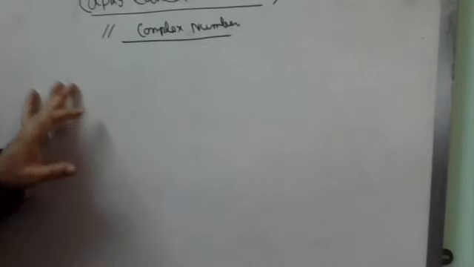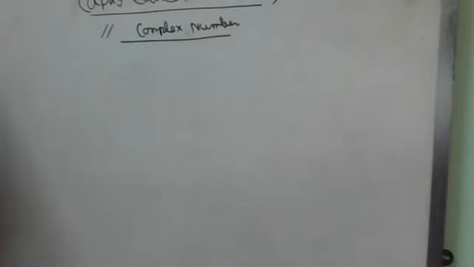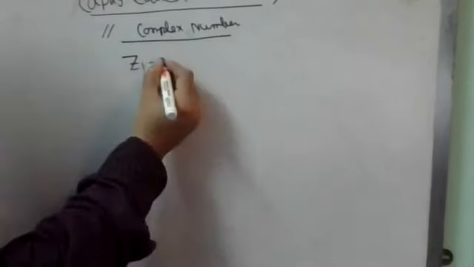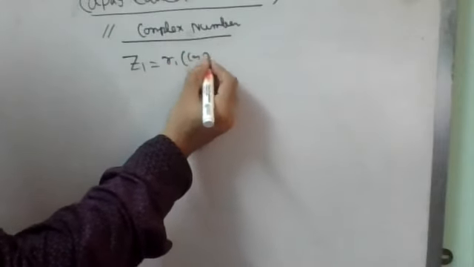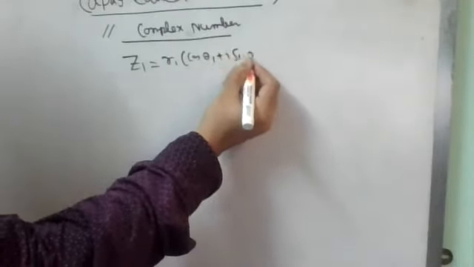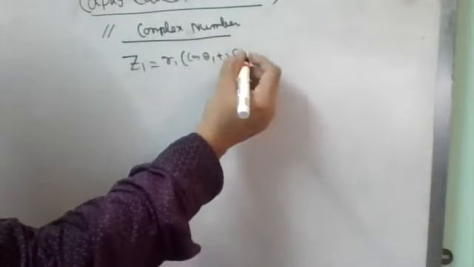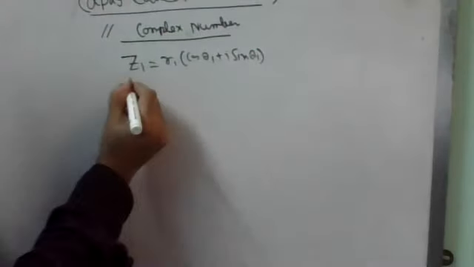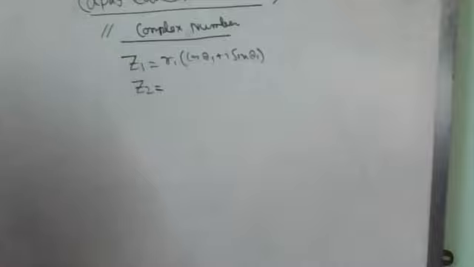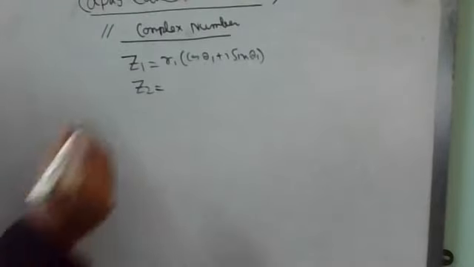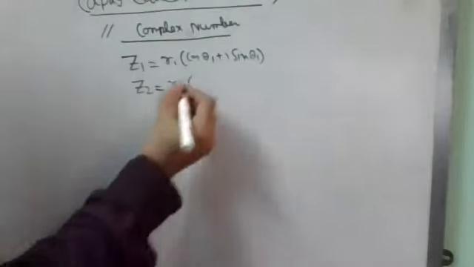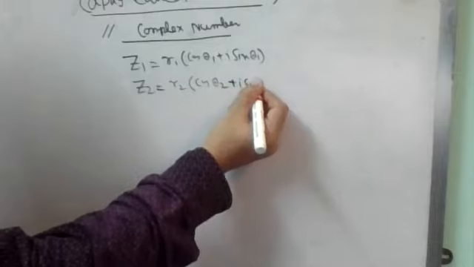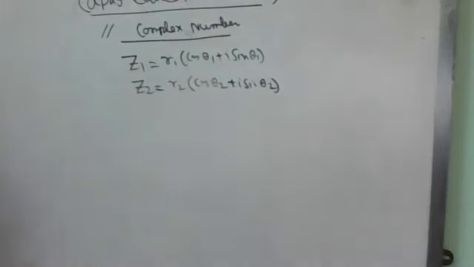Now, let us take 2 points in the complex plane. One is z1 = r1(cos θ1 + i sin θ1), and z2 = r2(cos θ2 + i sin θ2).